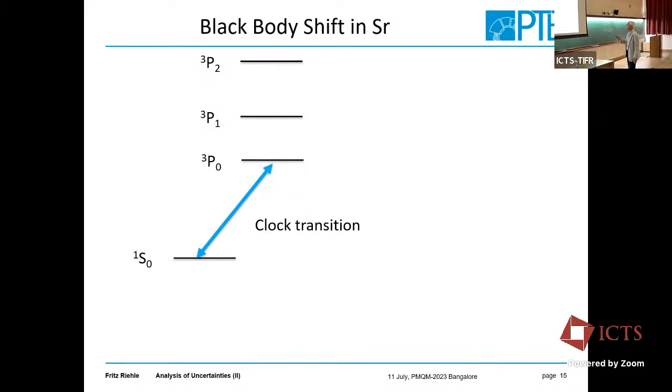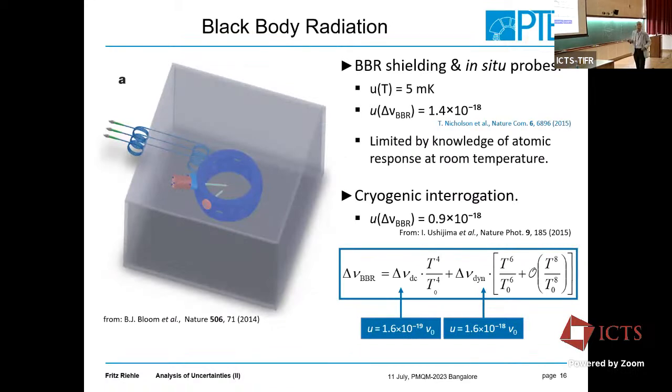Because the frequency is extremely high compared to the frequency of the thermal radiation. So there should not be much shift, not at all, to the ground state, but there are other states here, triplet D, which are not very far away. And these can be coupled to the excited state in such a way that they shift the frequency of the excited state.